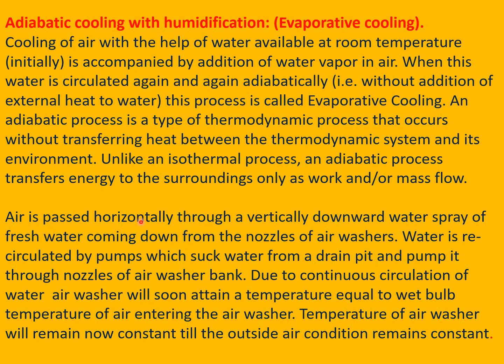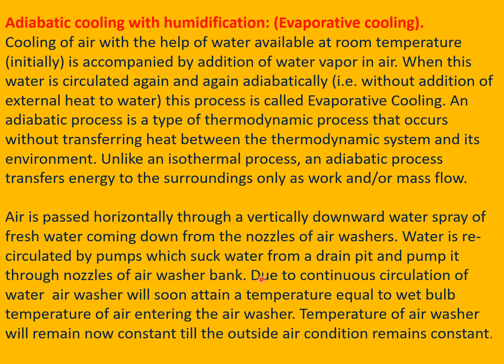Air is passed horizontally through a vertical downward water spray of fresh water coming down from nozzles of air washers. Water is recirculated by pumps which suck water from a drain pit and pump it through nozzles or air washer bank.